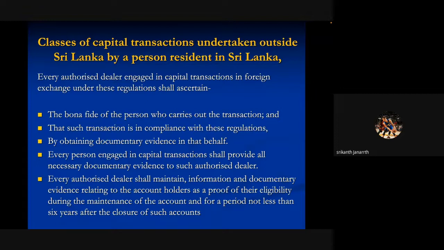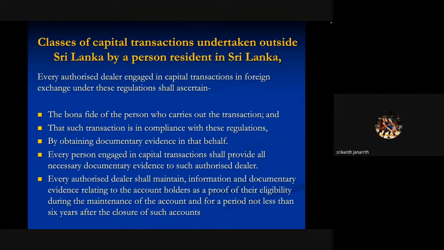If it is a declaration by the investor as a sole proprietor or a partnership, each person has to commit or must give an affidavit, right? So these are requirements to fulfil for the bank because this is investment going out of the country. You need to be aware of what the document evidence is.